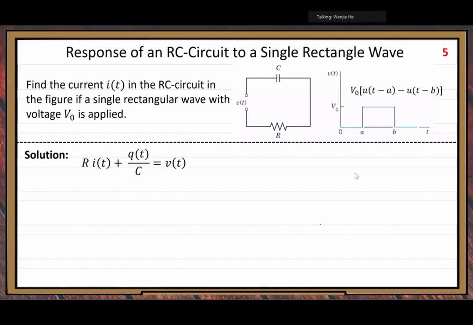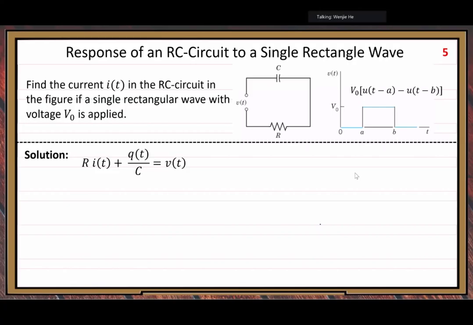Then the C component, capacitor, Q of T over C. Q, the quantity, right? The quantity of the electric charge, the amount of electric charge stored in this C device, capacitor device.